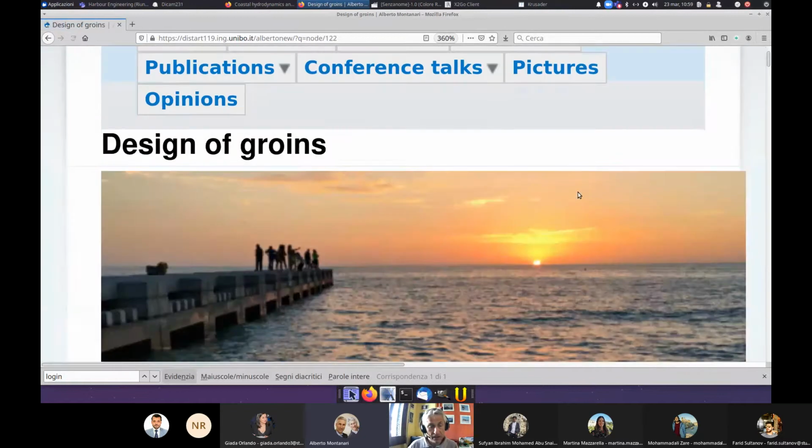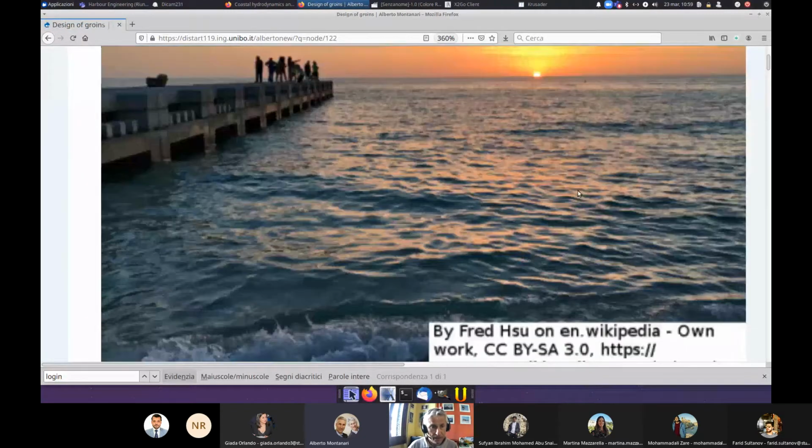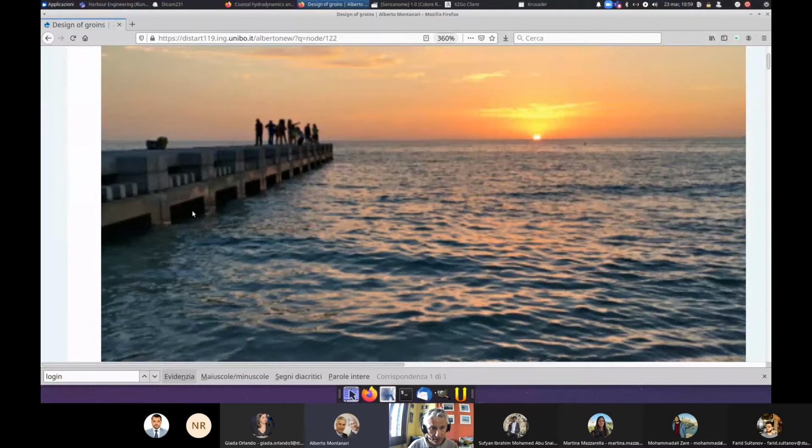Okay, and let me say that here you see a permeable groin.